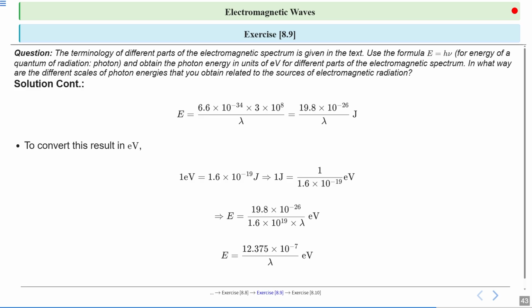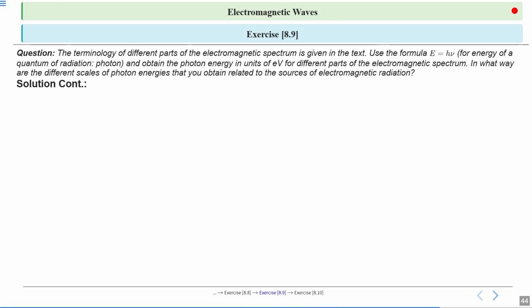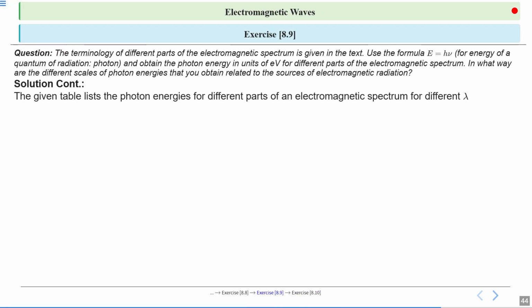Now we will put the lambda value according to the electromagnetic spectrum. The given table lists the photon energies for different parts of the electromagnetic spectrum for different lambda.